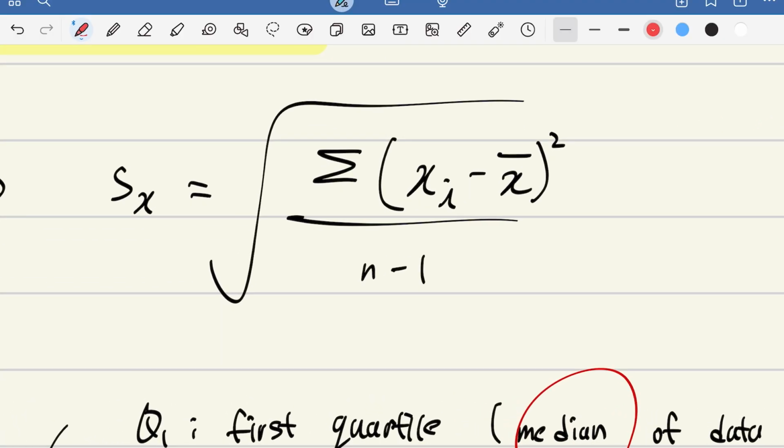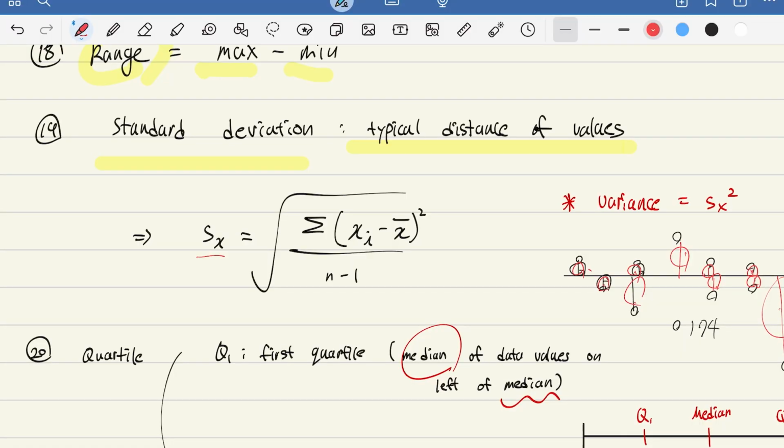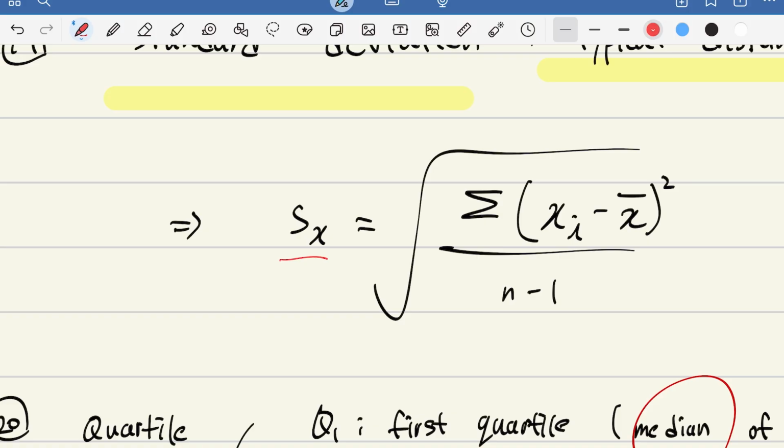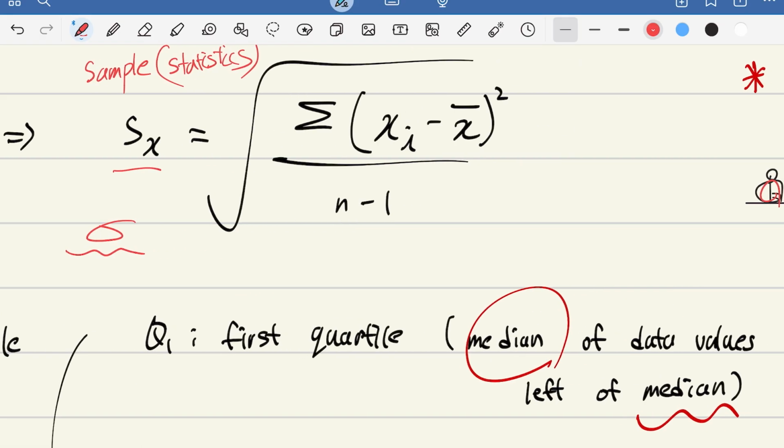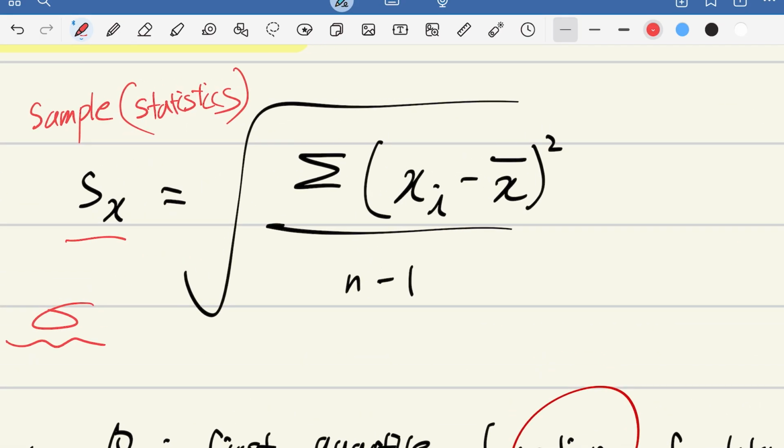We often represent standard deviation as Sx, and this is for the sample statistic. For a population, we call it something else. Anyways, the formula of the standard deviation is the square root of the sum of each value minus the mean, squared, divided by n minus 1.